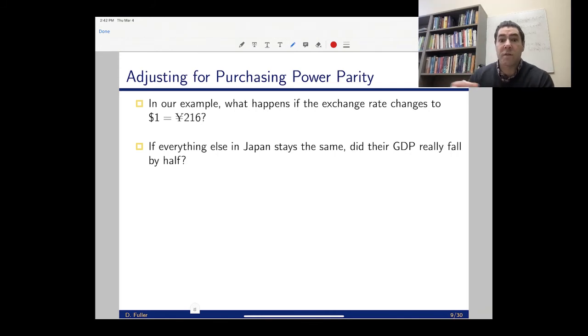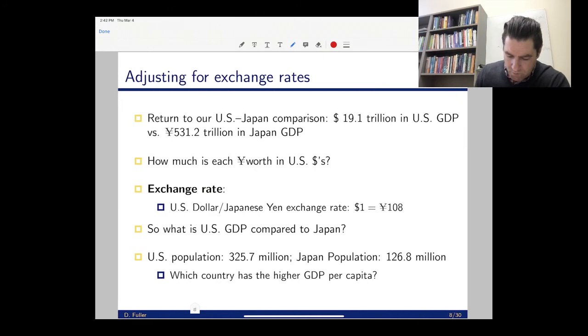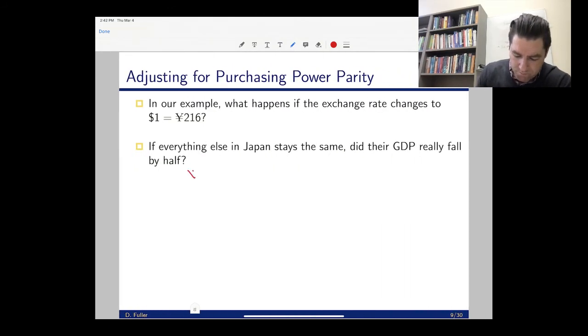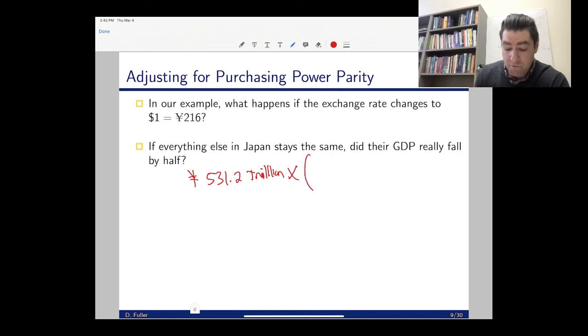So let's see what happens when the exchange rate moves to my GDP in Japan. So now, I think we were 531.2 trillion. And how do I convert that to dollars? I take the $1 over the Japanese yen, which is now 216.